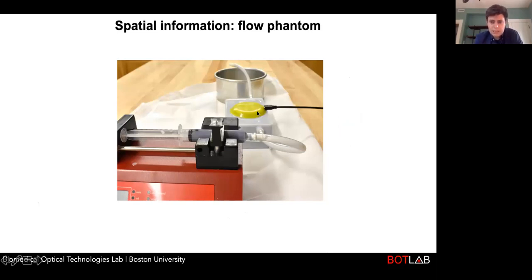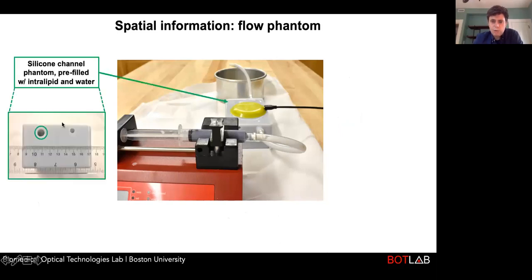But here's one of our setups. This is a probe. We make it in different colors. So this is a silicone phantom that has titanium dioxide and nigrosin to match the optical properties of breast tissue. And it has two channels, but we're only using one of them here that's below the surface of the phantom.